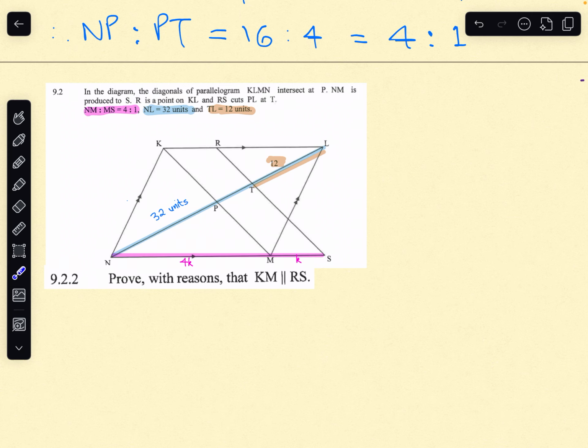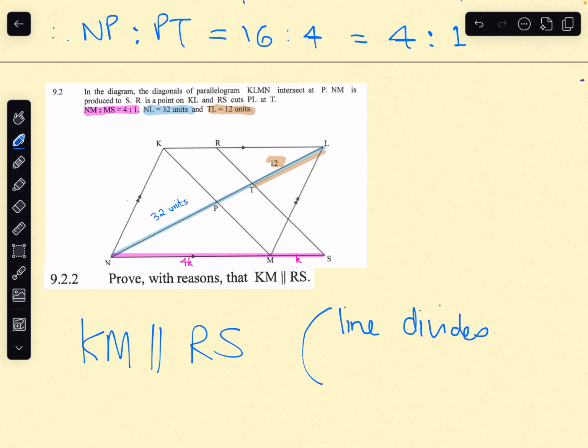Okay. So we're going to say simply KM is parallel to RS because the line divides two sides of triangle NTS in proportion.